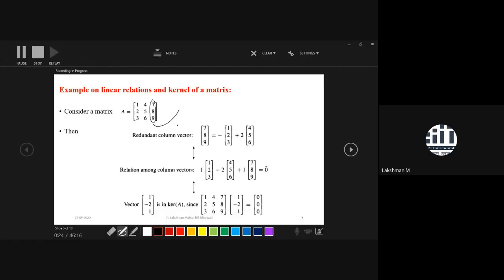From the previous example, you had already seen that 7, 8, 9 can be written as a linear combination: minus 1 times 1, 2, 3, and 2 times 4, 5, 6. So you can say that this third column is a redundant column. So if you bring everything to the left hand side, due to redundancy you can write it this way.